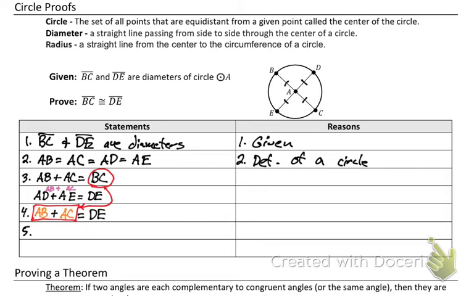Oh, I should probably put that we use... I haven't been writing any of my reasons down. For step 3, we should probably put our segment addition postulate. And then we said we use substitution. And we got to our step 5.